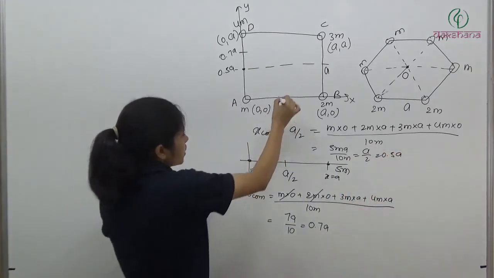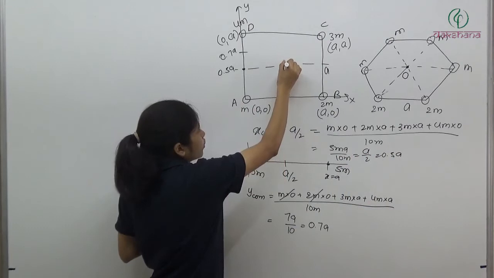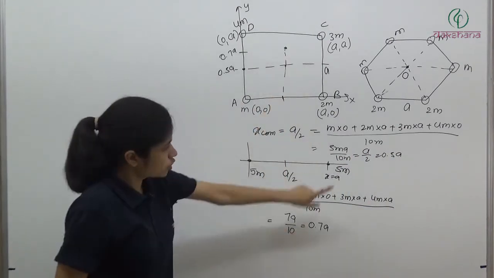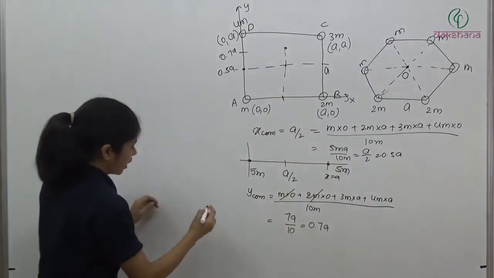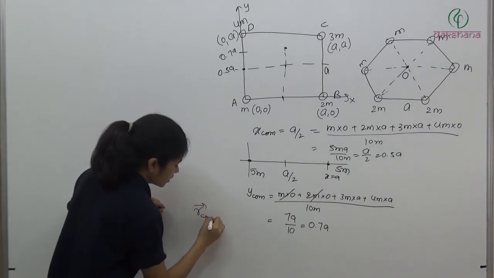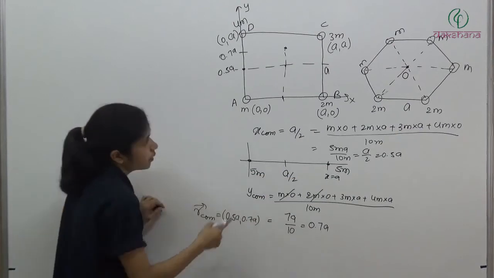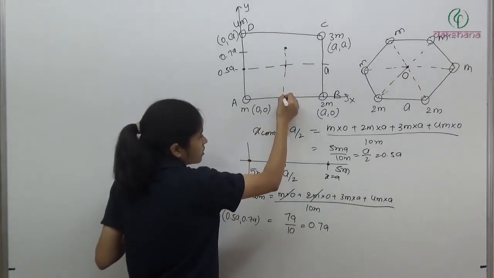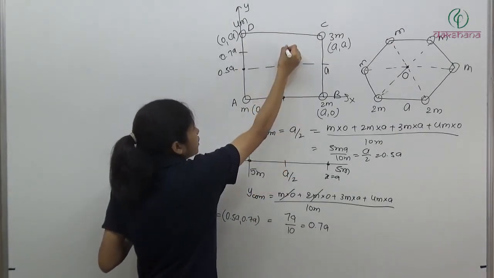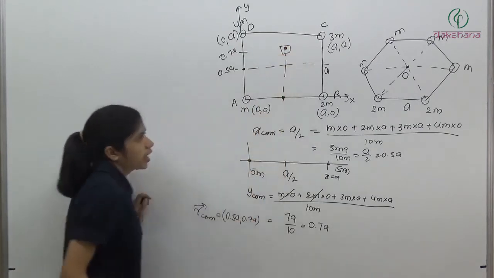So the x location is a by 2. So R of center of mass is 0.5a comma 0.7a. It will be 0.5a at this position and 0.7a at this position. So the center of mass is lying at this point.